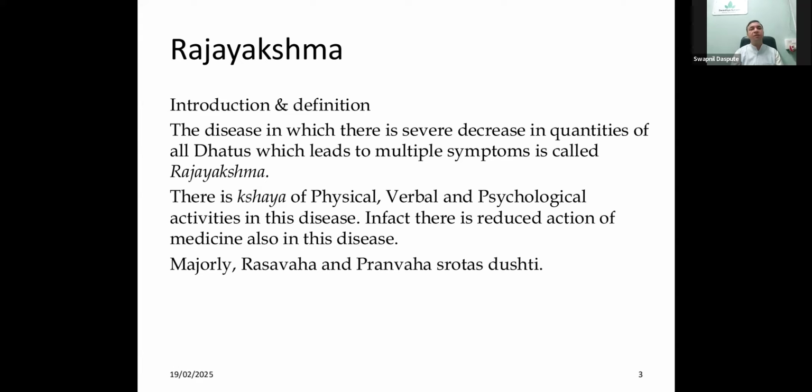Why is there a reduction in the action of the medicine? Any logical answer in this? Any answer? There is reduced action of medicine in this disease. We've not studied this disease yet. We've just started. But any logical answer?